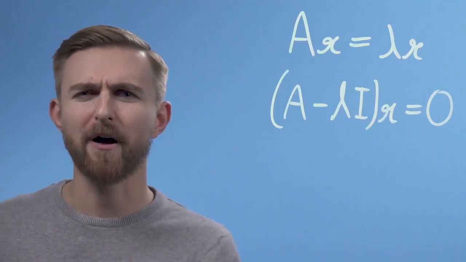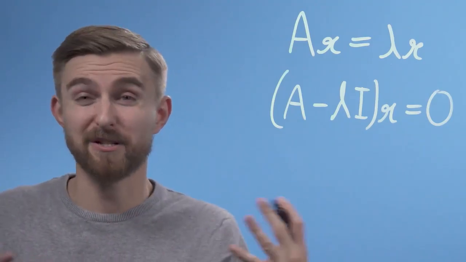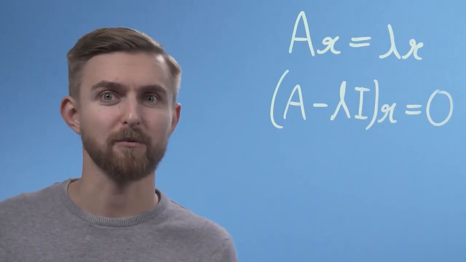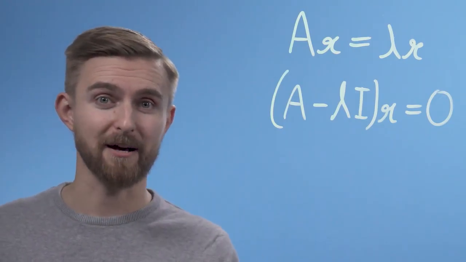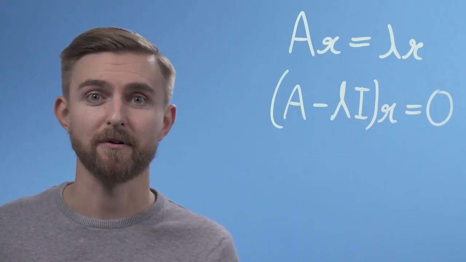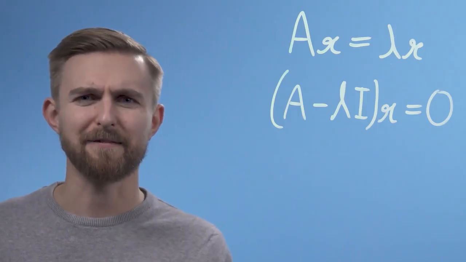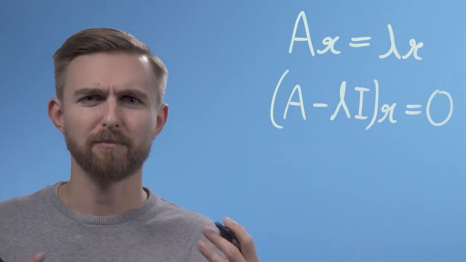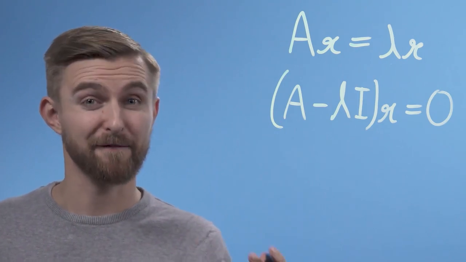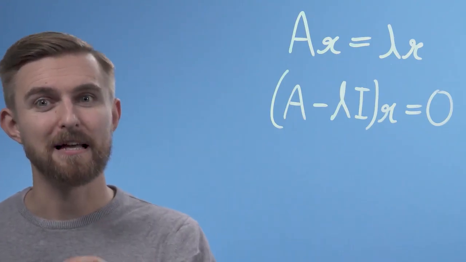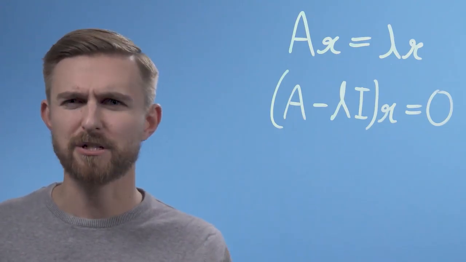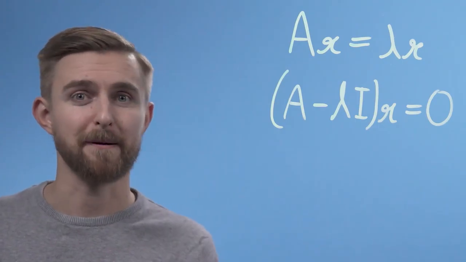If you're wondering about where the I term came from, it's just an n by n identity matrix, which means it's a matrix the same size as A, but with 1s along the leading diagonal and 0s everywhere else. We didn't need this in the first expression we wrote, as multiplying vectors by scalars is defined. However, subtracting scalars from matrices is not defined, so the I just tidies up the maths without changing the meaning.